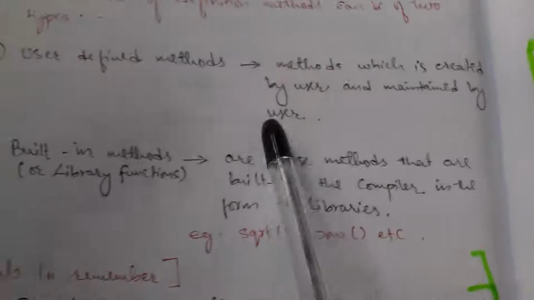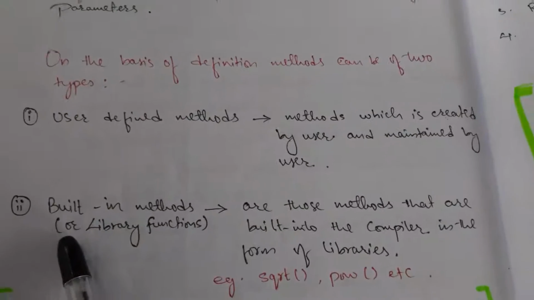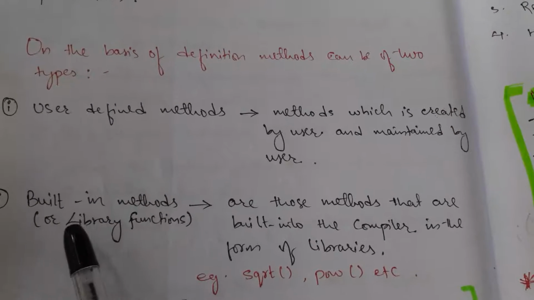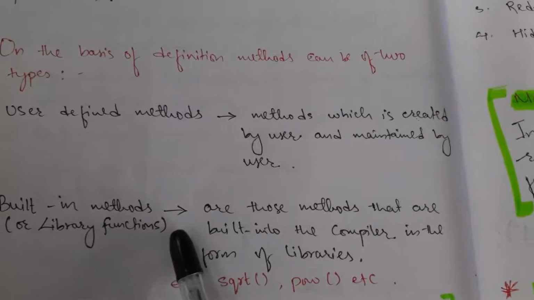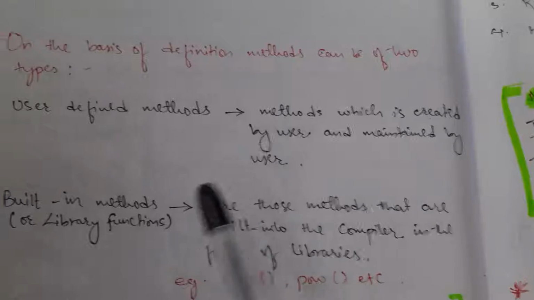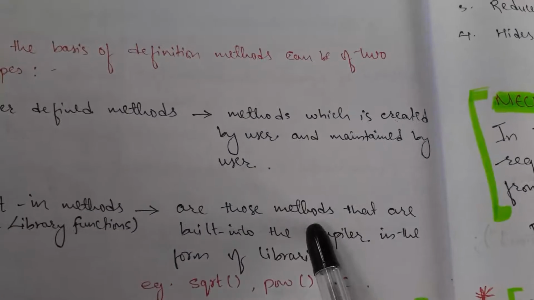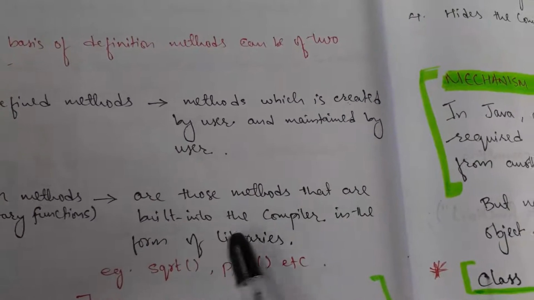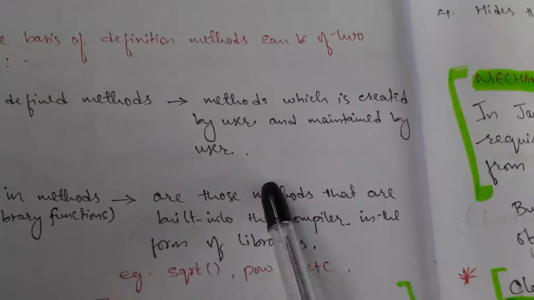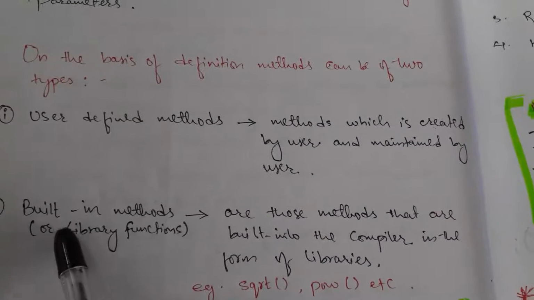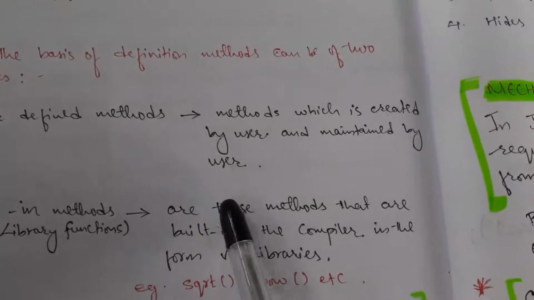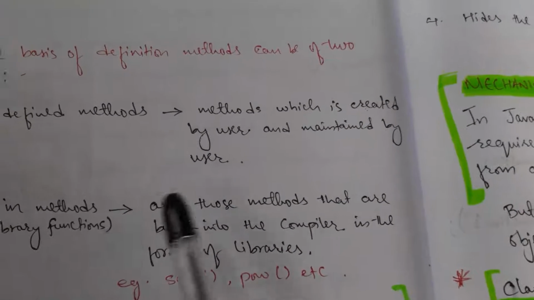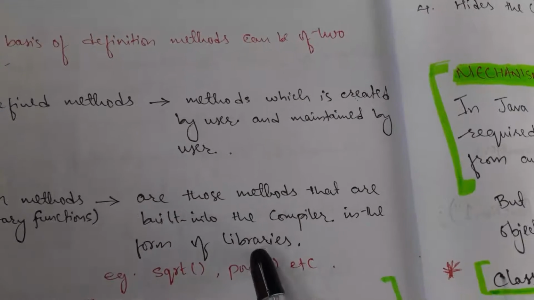The second kind of method is called built-in methods, or we can call them library functions. These built-in methods are built into the compiler in the form of libraries. That means this second kind of method will be present in the compiler itself, stored in the form of libraries.